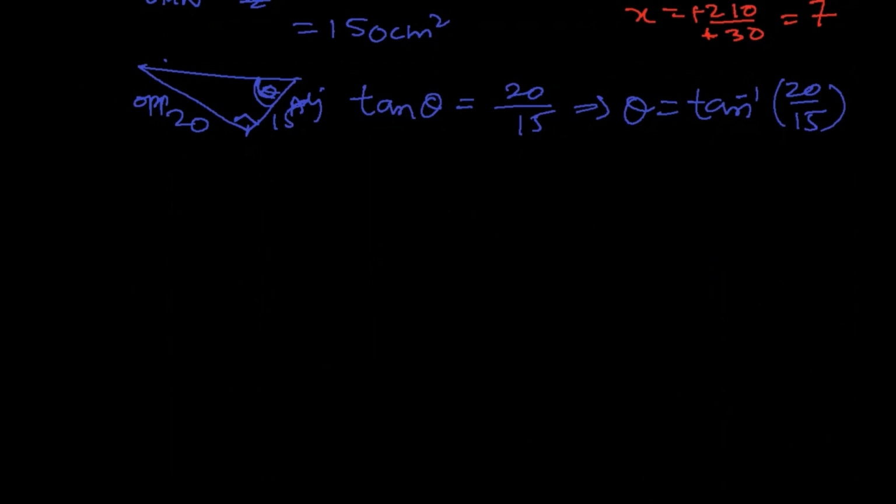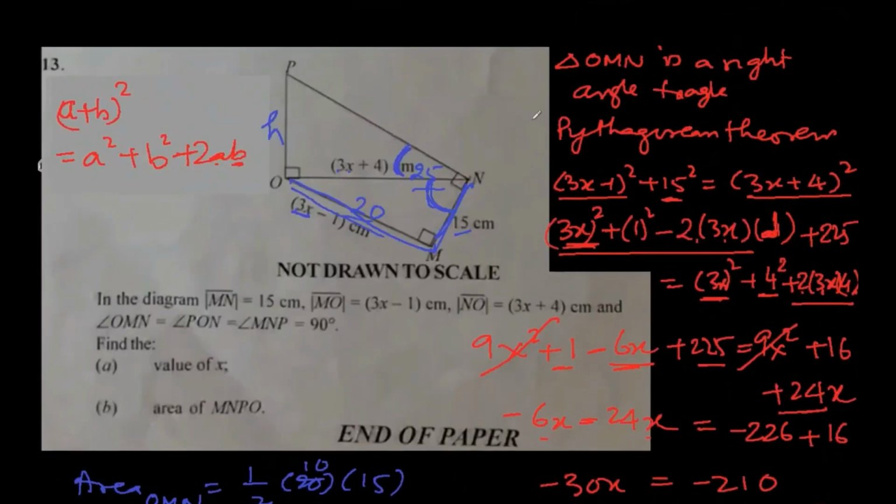Okay, so I got the angle as 53.13. This is theta. Okay, so if this is 53.13, this angle will be 90 minus 53.13, and that will be 36.87 degrees.